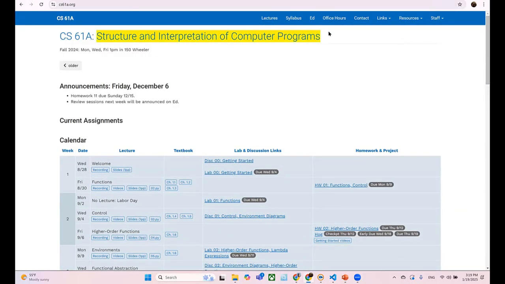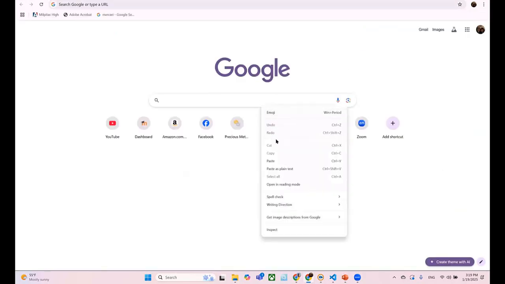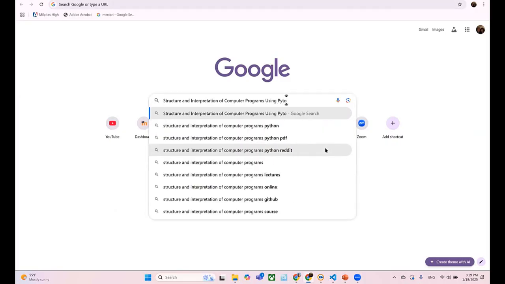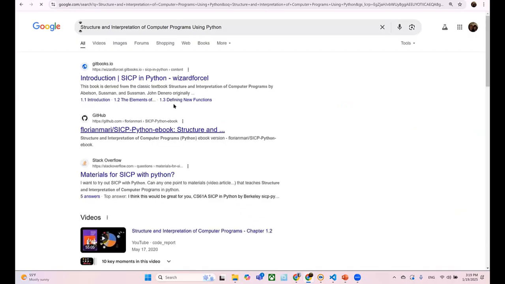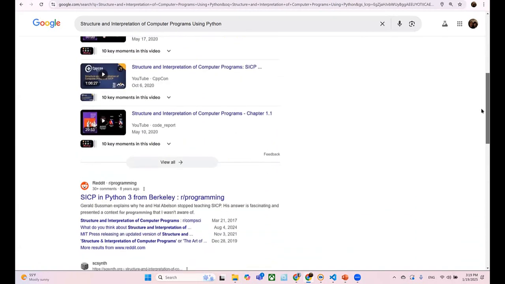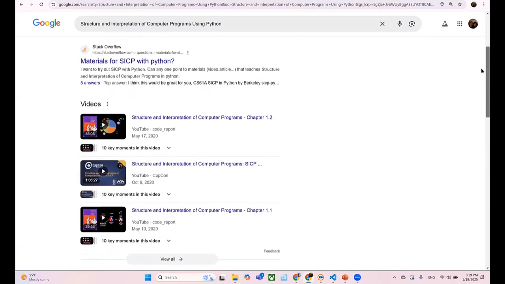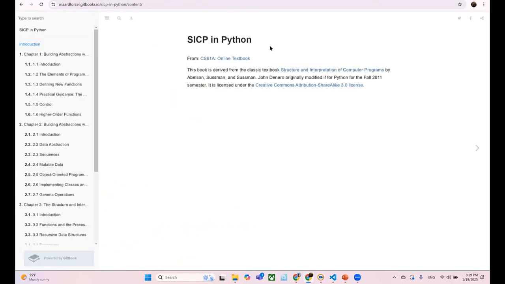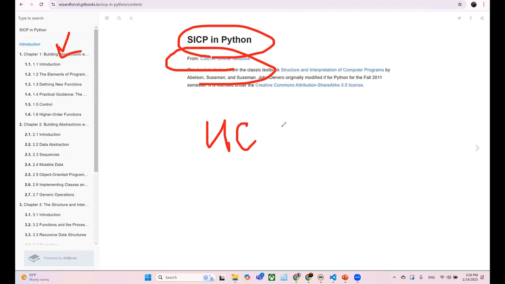If you search this on the internet and say it's using Python, they'll show you this one. This one is a textbook in Python. And this version is UC Berkeley's version.